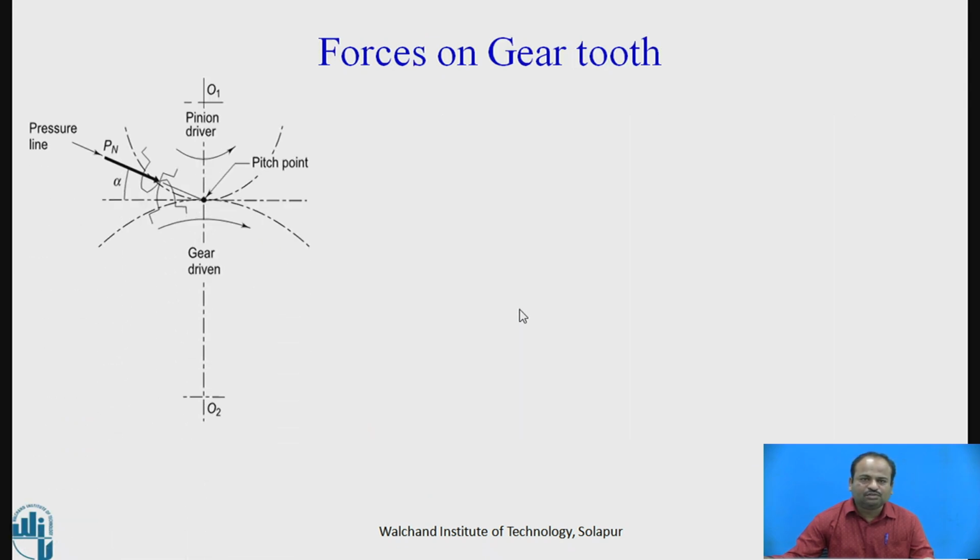Now, forces on the gear tooth. Here on the left side the pressure angle is shown. So what is pressure angle? Pressure angle is the angle between the line drawn from the pitch point and the common tangent.